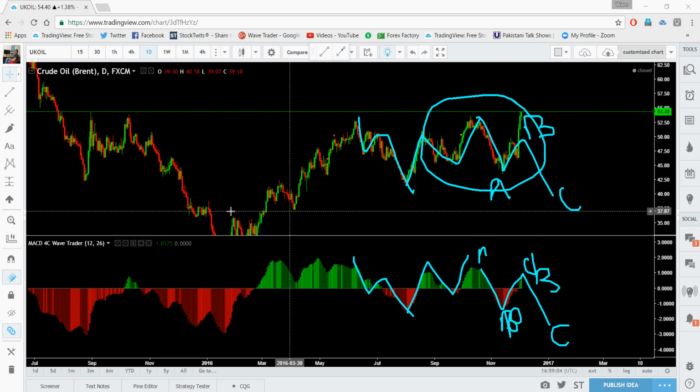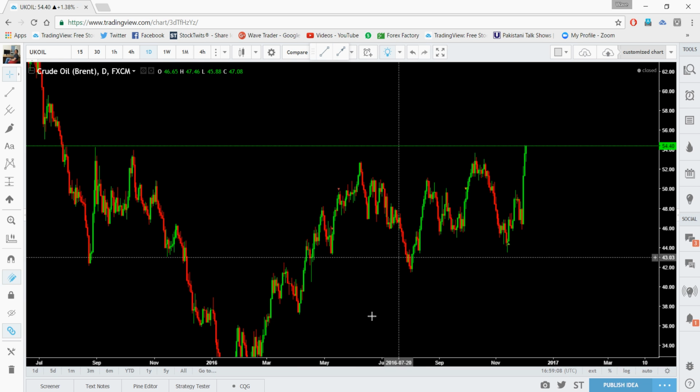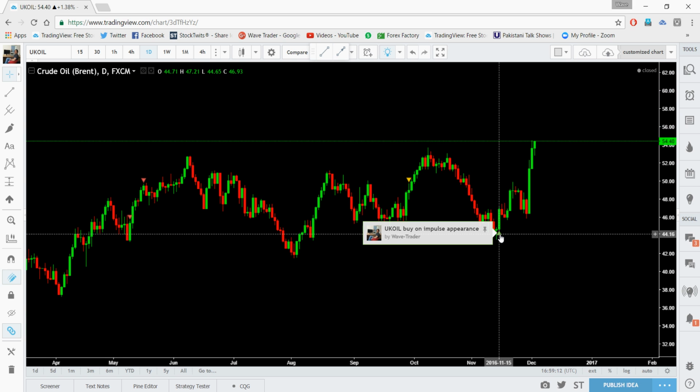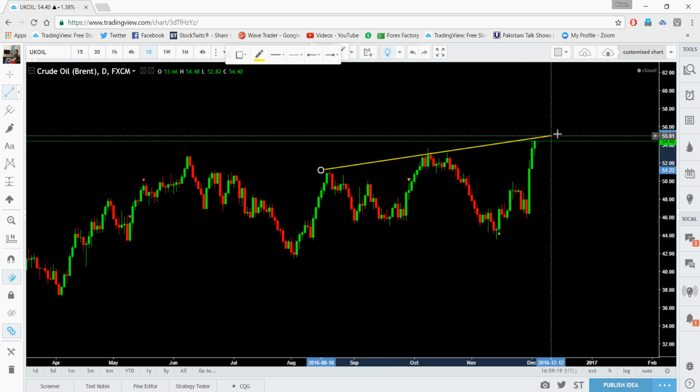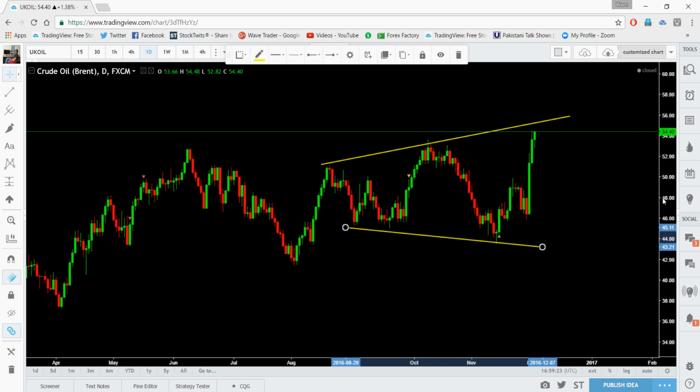Let me show you. We were anticipating a buy setup here because we know what kind of pattern this was, how this pattern behaves, and where it goes. Everybody can see that it was forming an impulse.